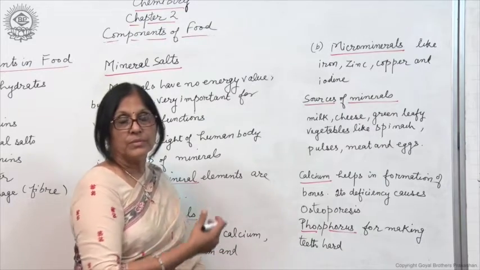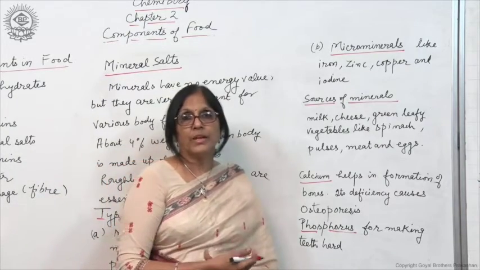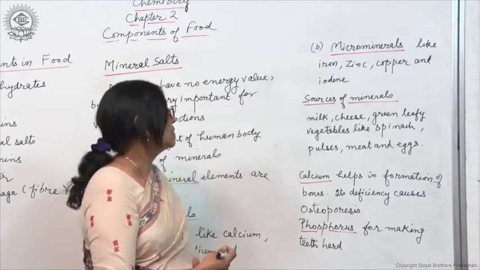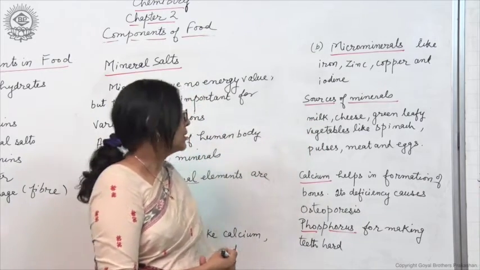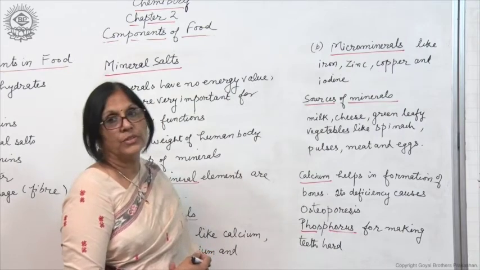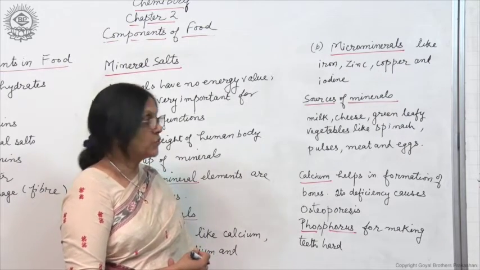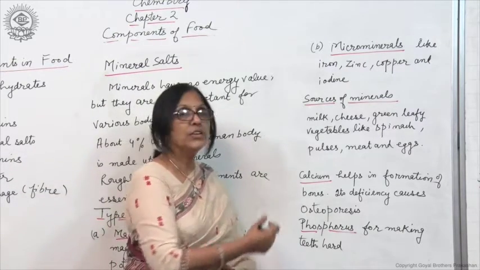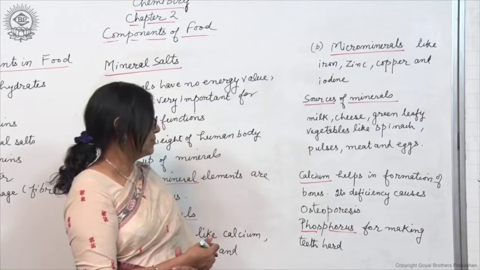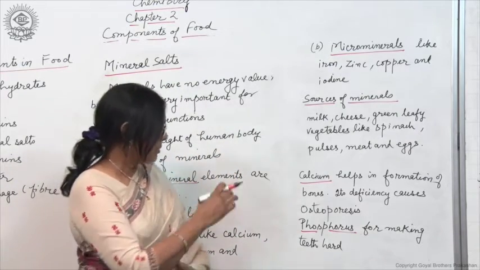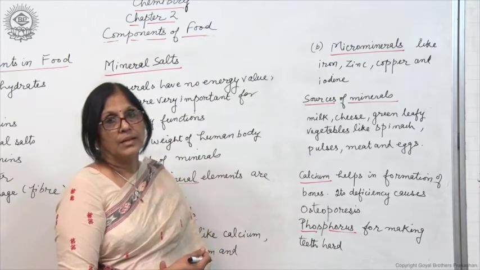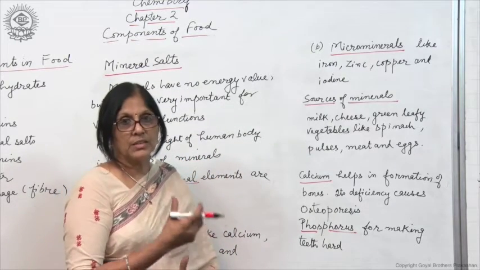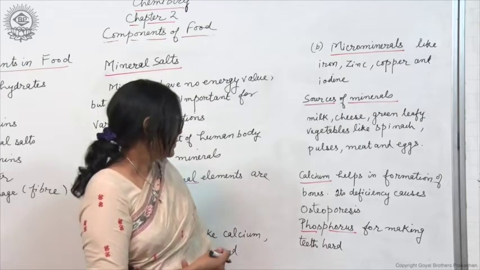Now let us see from what type of food we can get these minerals. Sources of minerals are like milk, cheese, green leafy vegetables like spinach, pulses, meat and eggs. Now let us just briefly study about some very important minerals and what are their functions.